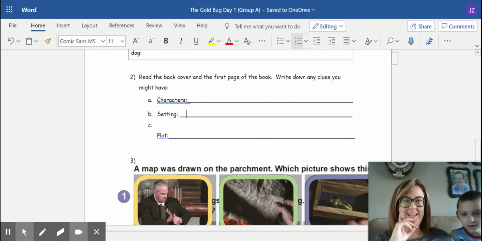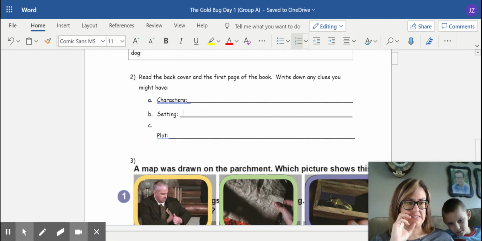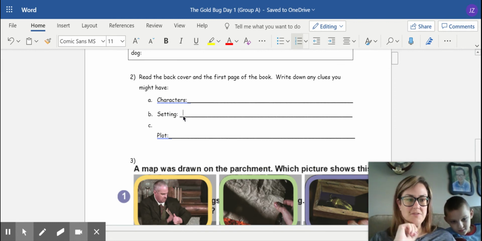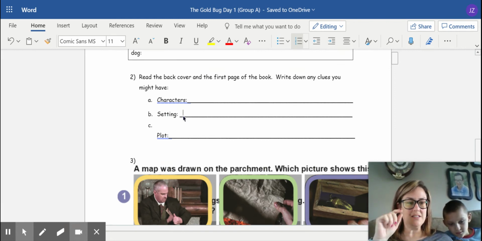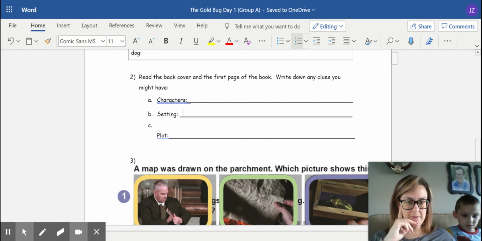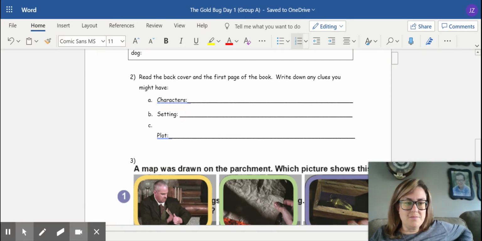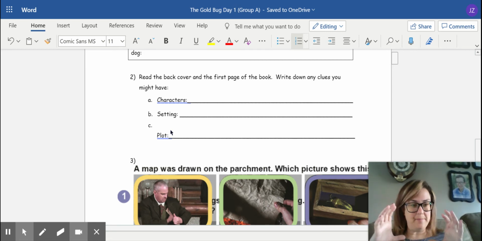On the setting, it tells us, where does it take place? Where is this first chapter taking place? If you need to go back to the book, go back to the book and take a look. Tell me where this is taking place. The next is the plot. The plot tells me, what is part A about?